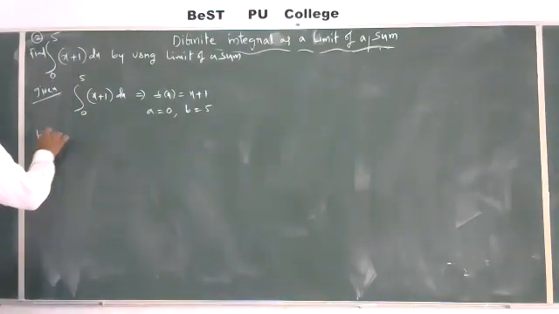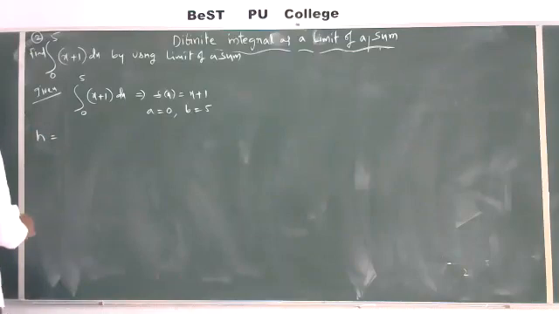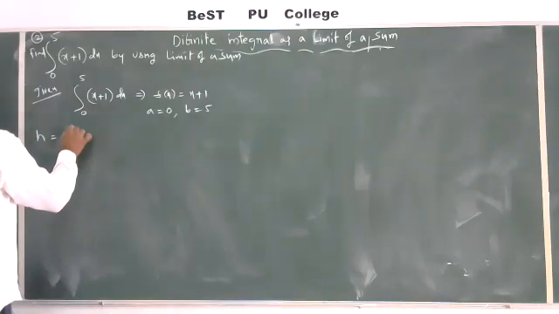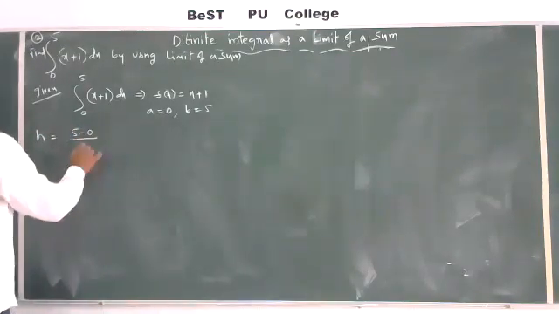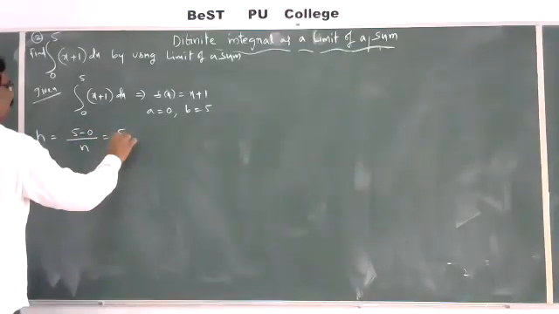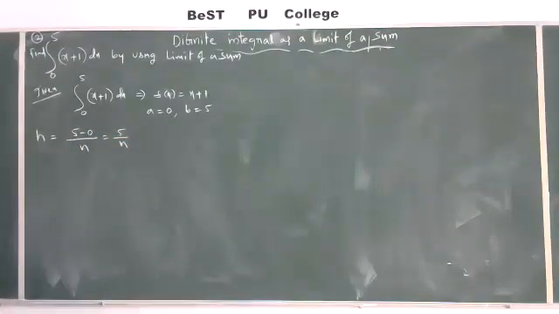Then h value, h is equal to b minus a by n, that is 5 minus 0 by n, that is 5 by n. The h value is 5 by n.